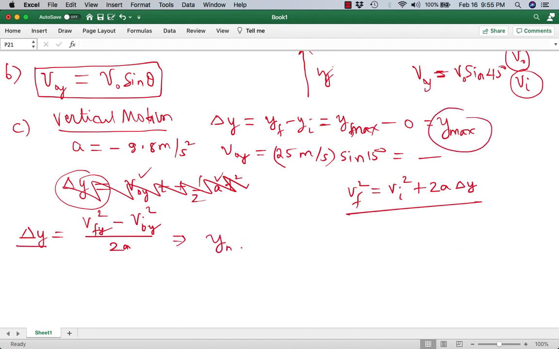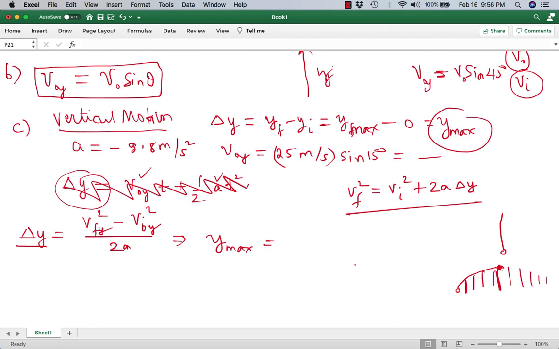So y max is equal to v final. At the highest point when the ball moves up, it stops momentarily. We are just dealing with upward motion. It moves up, up, up, it stops very briefly, and then it moves down, down, down.